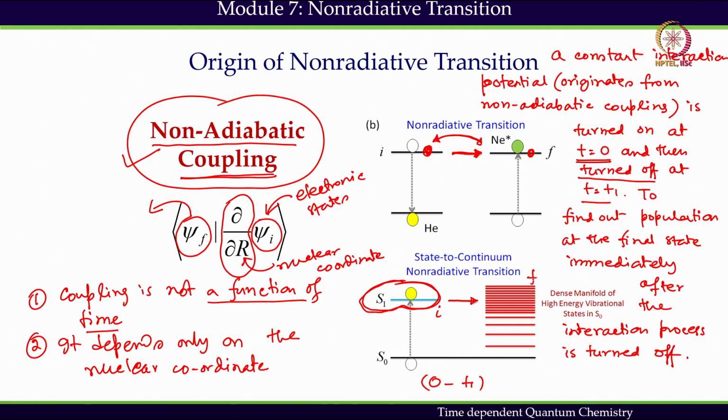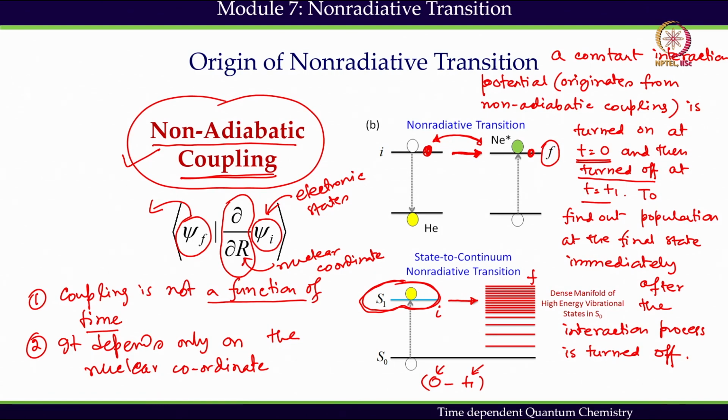Let us say it can be a number of states or it can be just a single state, both are possible. So, at t equals 0 time, the coupling will start, which will lead to the transfer of the population, and at t equals t1, I will turn off the coupling, which means I have completely turned off the coupling process, which will not transfer the population anymore.